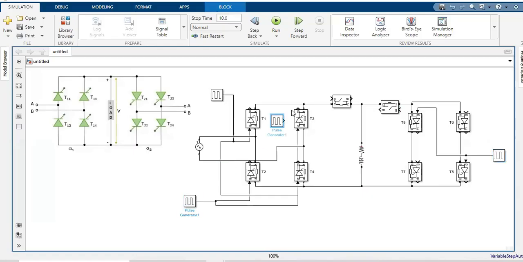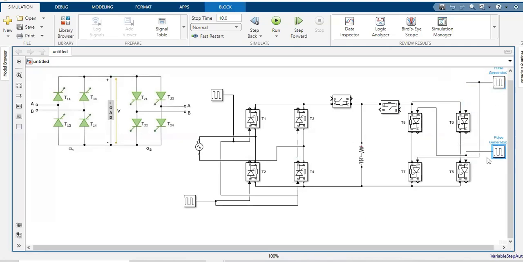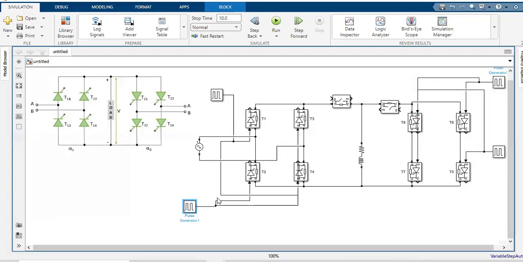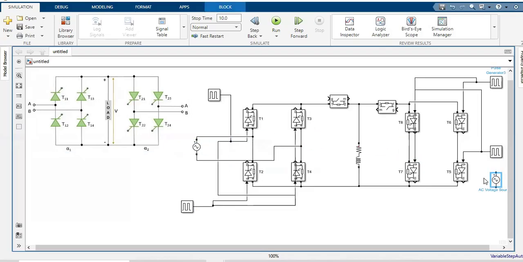And we'll be giving the other set of switches a firing angle of 180 plus 60 degrees. Now we need to give the same AC input to the second converter.